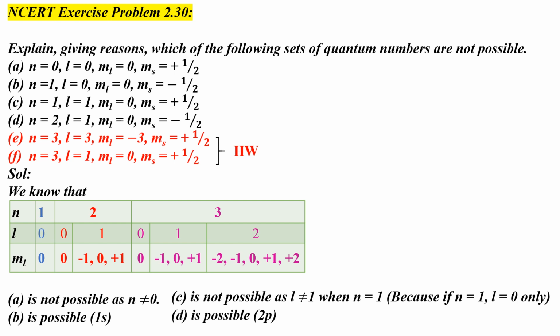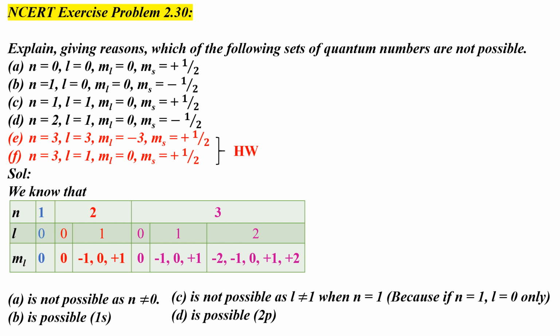Now what we are going to do is compare each set of quantum numbers with the possible quantum numbers for each value of n. Now don't give much importance to the values of ms. The values of ms can be plus half or minus half.